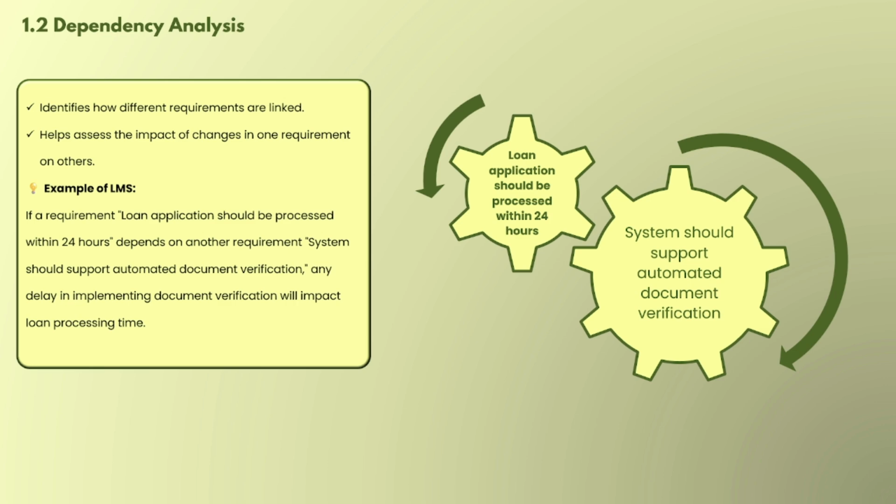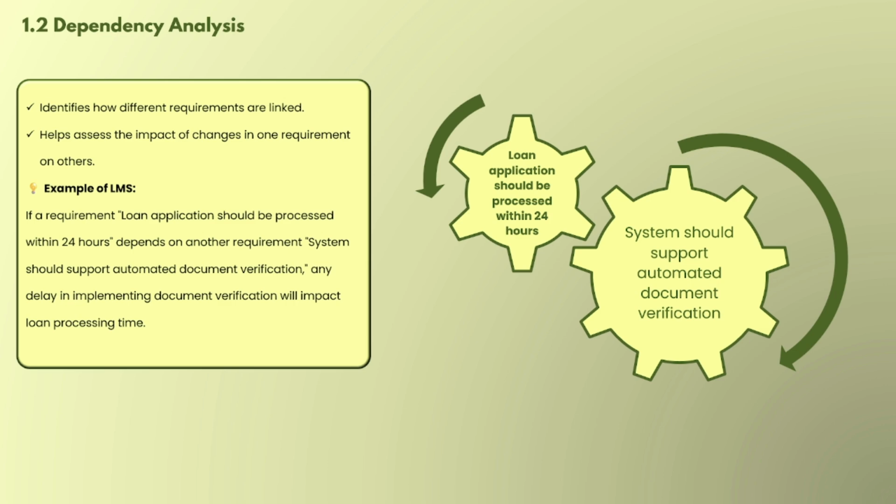If the requirement is that a loan application should be processed within 24 hours, this depends on another requirement: the system should support automated document verification. If the system supports automated document verification, then the TAT of that loan application will be 24 hours.